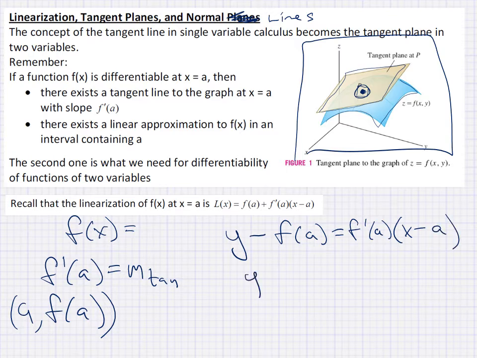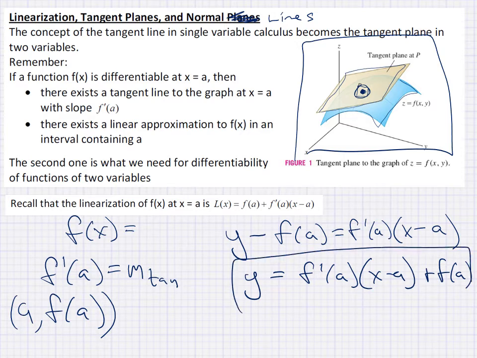In which case I could solve for y, and I could say y equals f prime of a times x minus a, plus f of a. And that would be the equation of my tangent line. That's the tangent line to f of x.